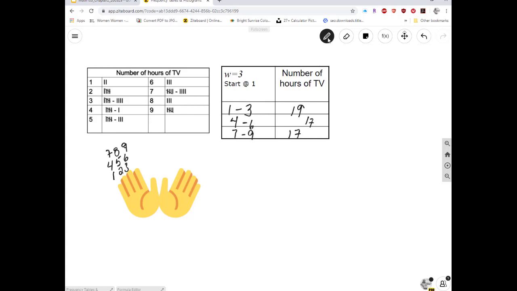And actually, I don't like this piece right here, number of hours of TV. I would say that needs to go over here. I should have noticed that. And this should be frequency.